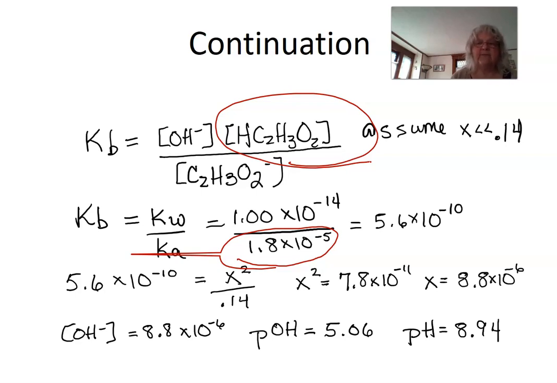And it came out to a Kb of 5.6 times 10 to the minus 10th. So now I plugged my equilibrium concentrations into my calculation, x squared over 0.14, because remember I'm ignoring x compared to 0.14. And I solve for x. x is my hydroxide ion concentration. So I get a pOH and then a pH.